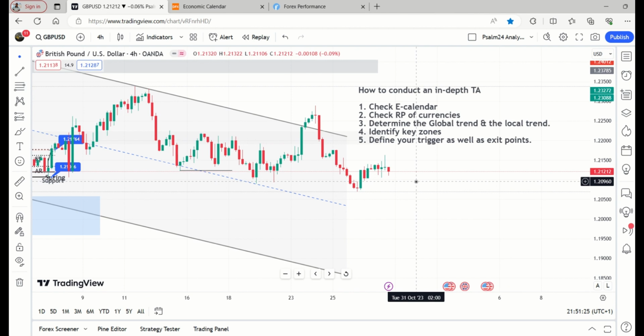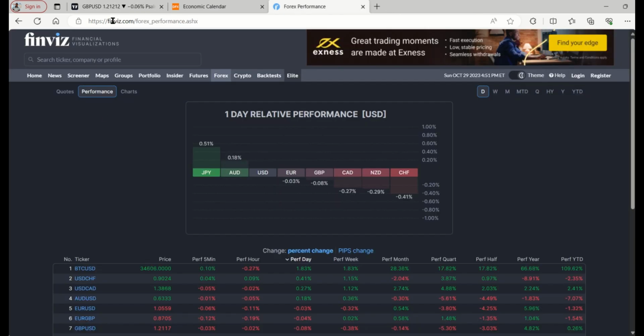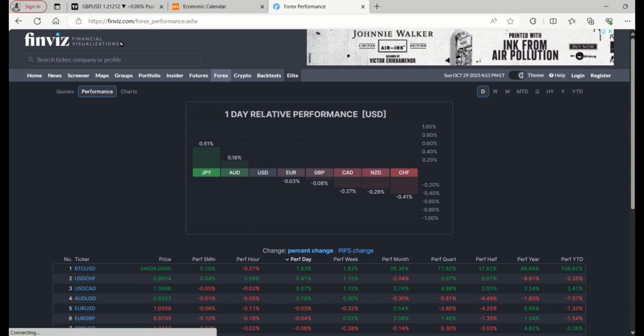So check the RP, the relative performance, of the currency that you are actually trading. You can determine this relative performance on a different website, which is finviz.com. When you get to finviz.com, you would check the forex performance. Immediately you enter, it will not show you forex, it will show you a lot of data on stock.